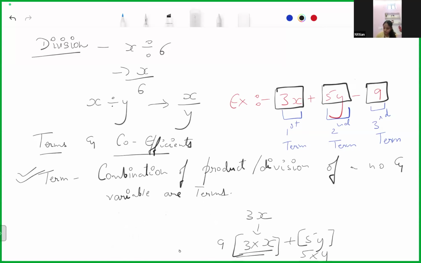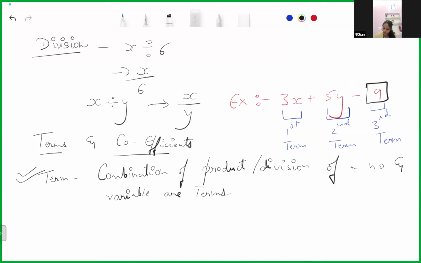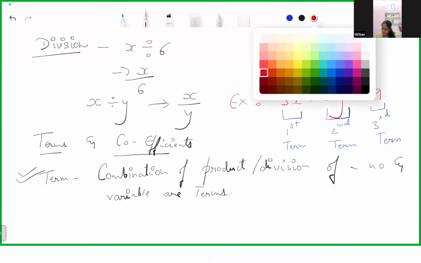Now, coefficients, like I explained yesterday, are what? Who's going to tell me? Ma'am, the multiplier or the dividend or divisor of a variable is called coefficient.